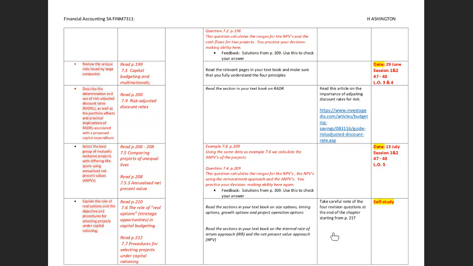And in example 7.8, calculating the ANPV is not a long calculation. You've got to have your NPV, and then divide it by the annuity factor. Well, I'll just see how it goes, ma'am. So yeah, don't start worrying about it just yet.